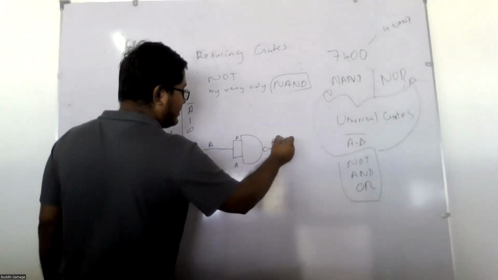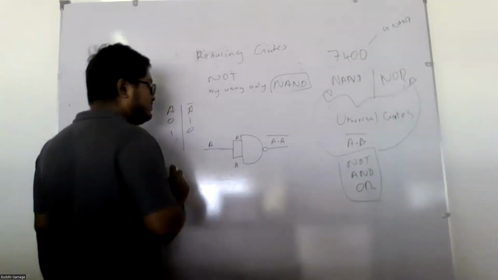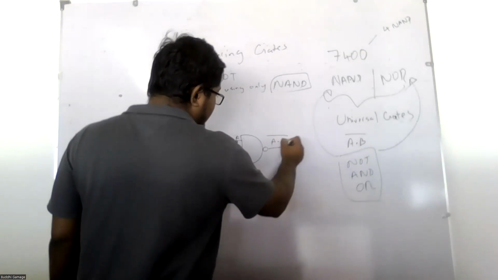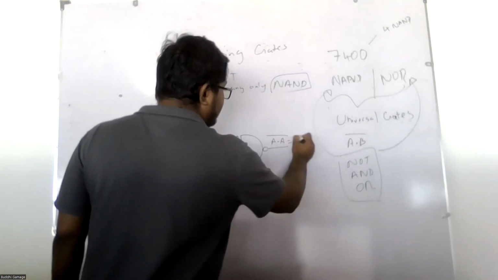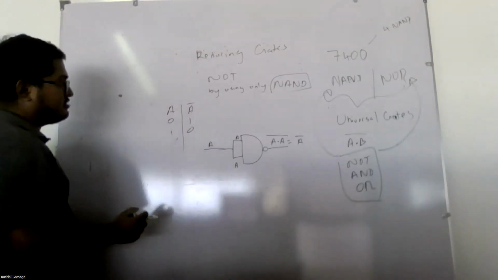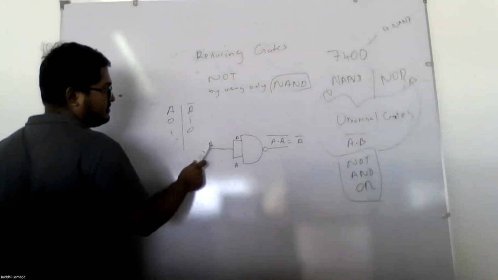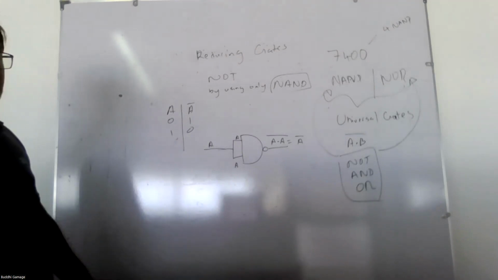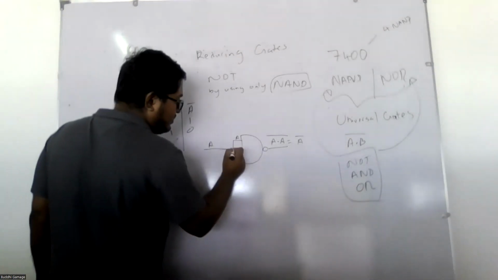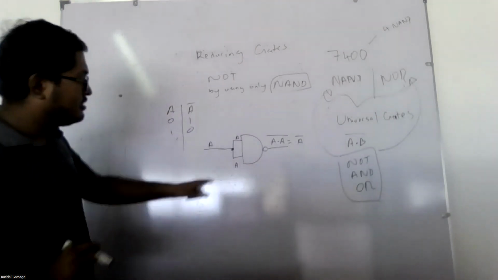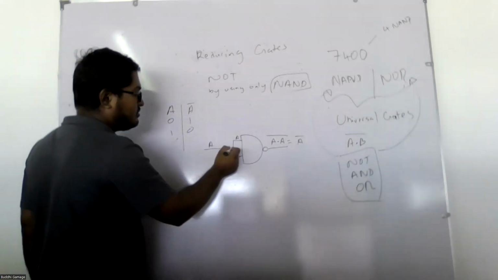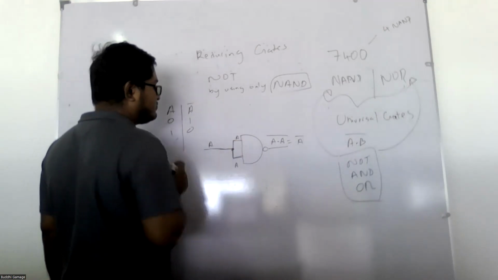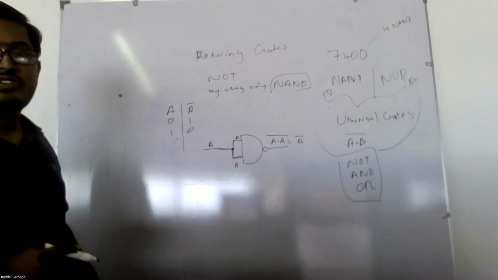A dot A, whole bar. In Boolean algebra, A dot A is equal to A, so we get A bar. So this is how we can derive the NOT operation with this connection, where the two lines are joined.